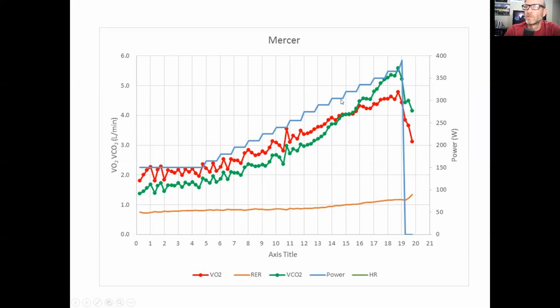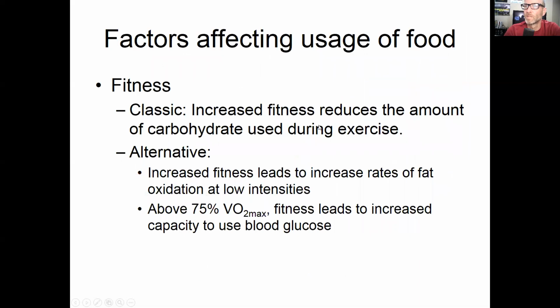And so now this athlete should know that above 320 watts, they're going to be producing lots of VCO2. They're going to really be carbohydrate dependent. And below that, they're going to be a mixture of fuels. And maybe you want to train to move that crossover point higher and higher if you're interested in endurance performance.